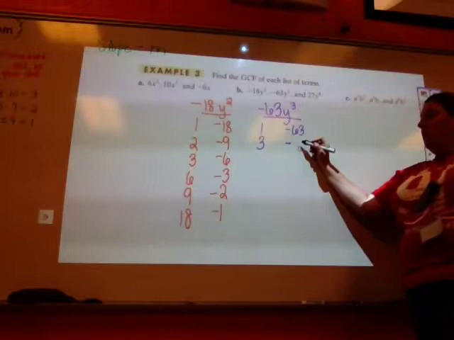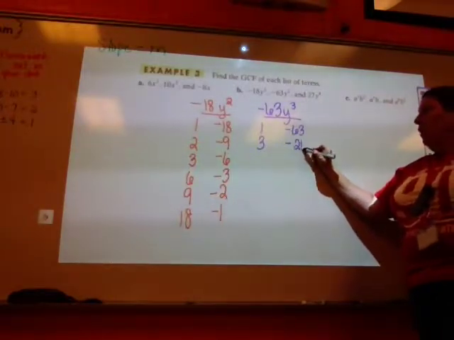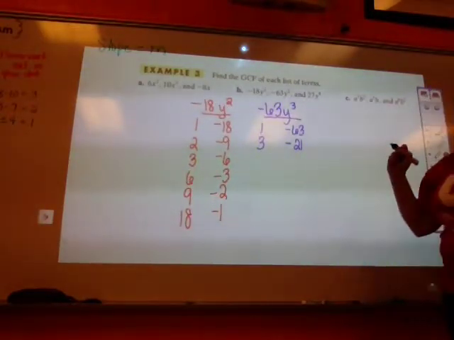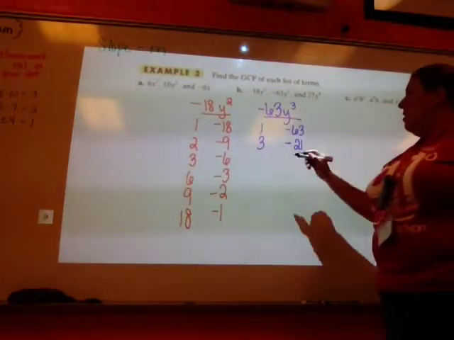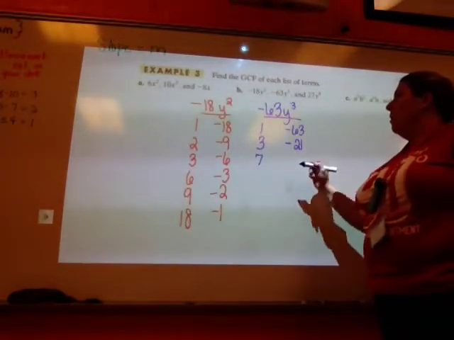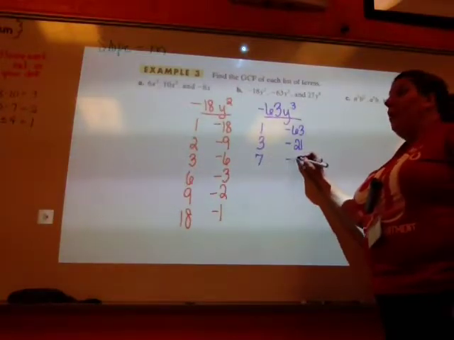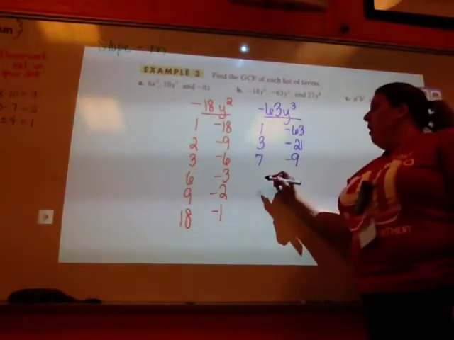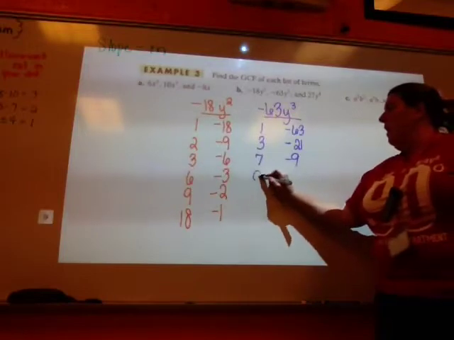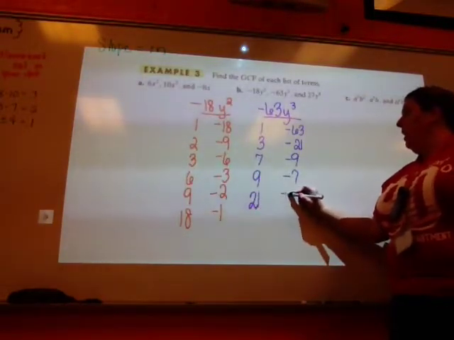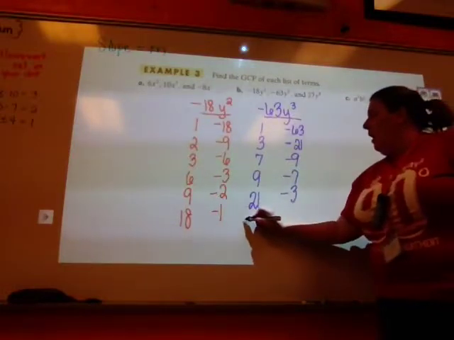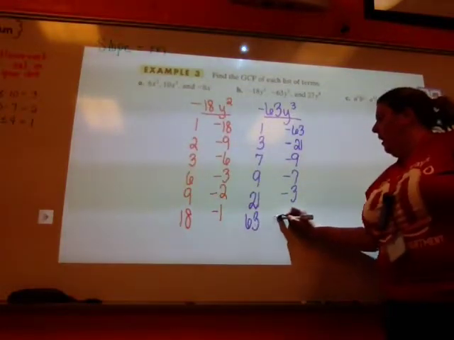Use it. Negative what? 21. What about 4? No 5, no 6. 7? Negative 9. No 8, so that means I'm going to have 9 and negative 7, 21 and negative 3, and 63 and negative 1.